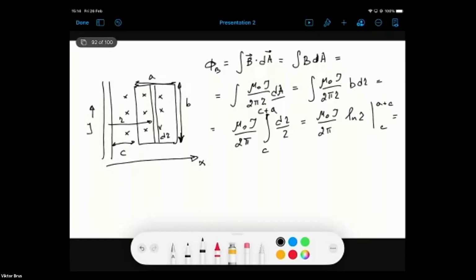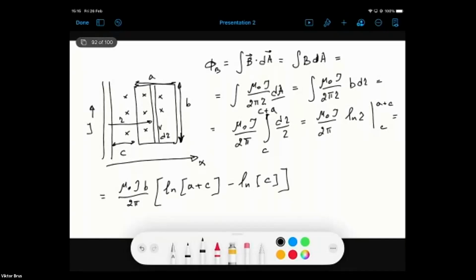So this will be equal to mu naught I times b over 2 pi times natural logarithm of a plus c minus natural logarithm of c.